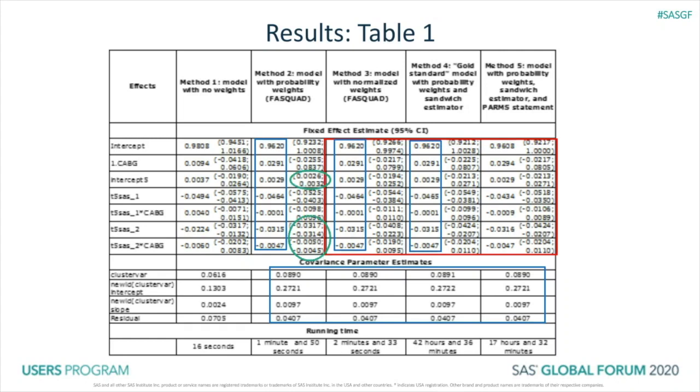However, one needs to be cautious about making inferences on these fixed effects, because as we have seen with method 2, if we look at these two fixed effects, we see that the 95% confidence intervals are very narrow. And this is because we did not use the sandwich estimator.